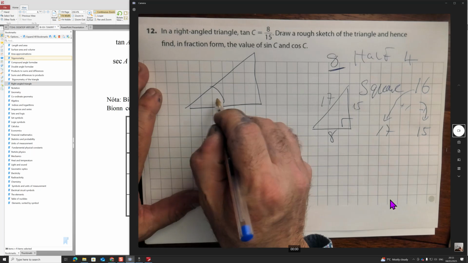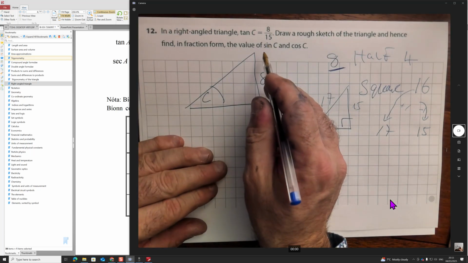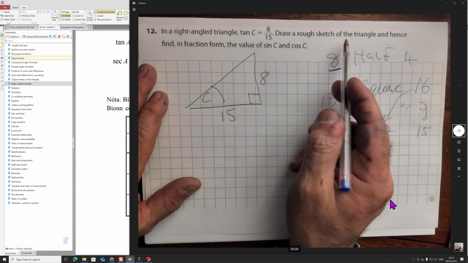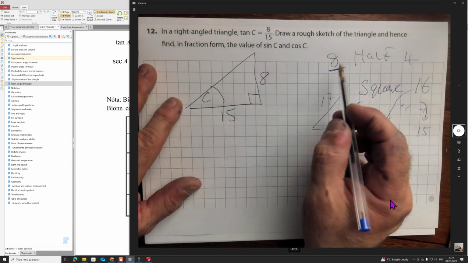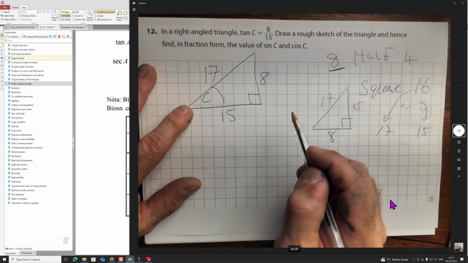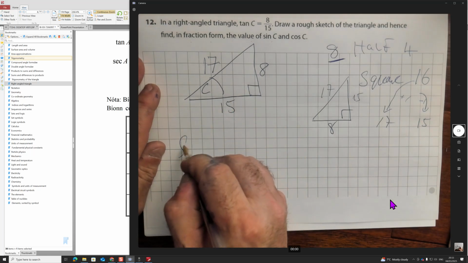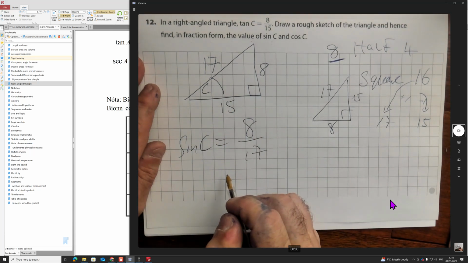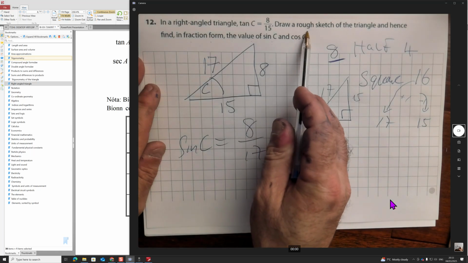Anyway, we can just start off like this and say C is here, opposite me is 8, below me is 15. There's my right angle. Draw a rough sketch of the triangle and hence find in fraction form the value of these. So 17 goes there. Sine of C is 8 over 17. They didn't tell you.